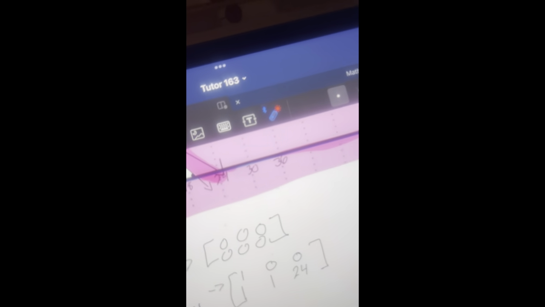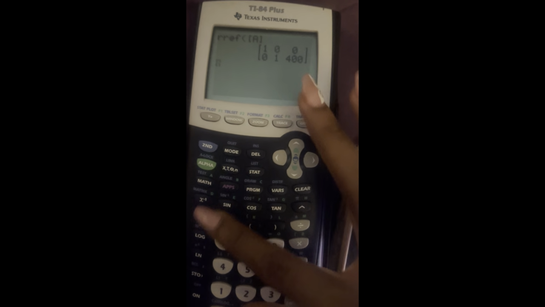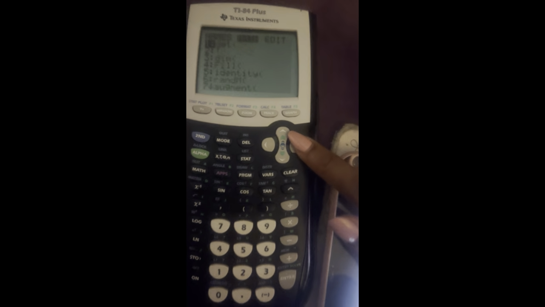Okay, we're going to input these values in the calculator. So the first one is 1, 0, 0, 1, 1, 24. So you do the first one and you can do the rest. Second matrix, let's edit.